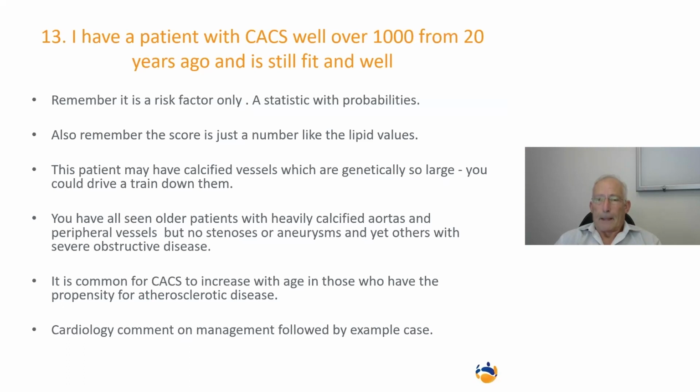Good question. With it being 20 years ago, I'm sure this patient is already well into his 60s, 70s, unless he had a very high calcium score in his 40s. So this patient is in a stable situation. He needs aggressive risk factor management. If he's asymptomatic, exercising well, and he's had this for 20 years, I would say medical management is going to be paramount here.